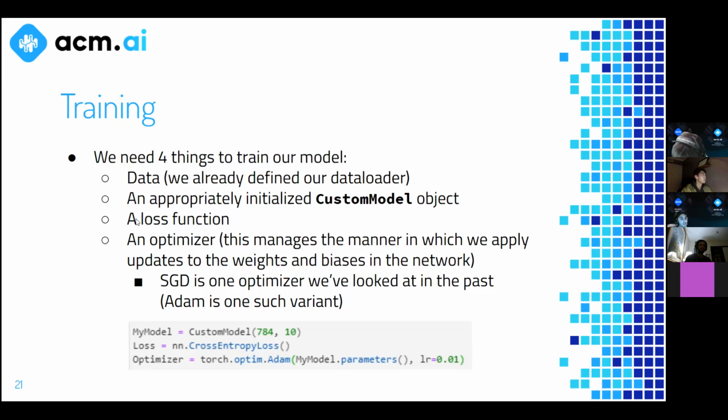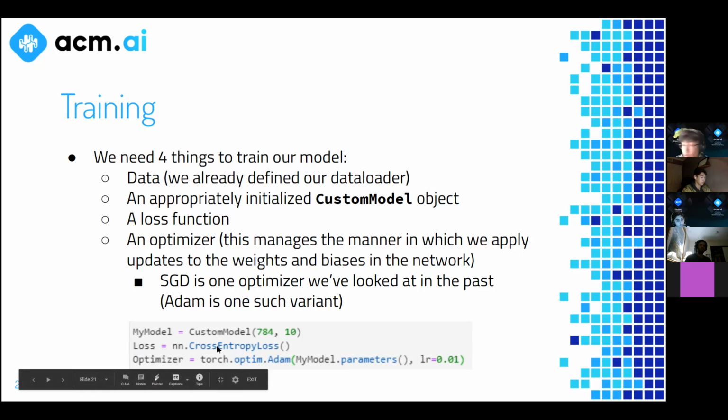But the idea is the same: we want to minimize the output that the cost function gives. In general, the higher the value of the cost, the worse our model is doing. That applies no matter what, assuming you're using a valid cost function. So we define our loss function: loss equals nn.CrossEntropyLoss.